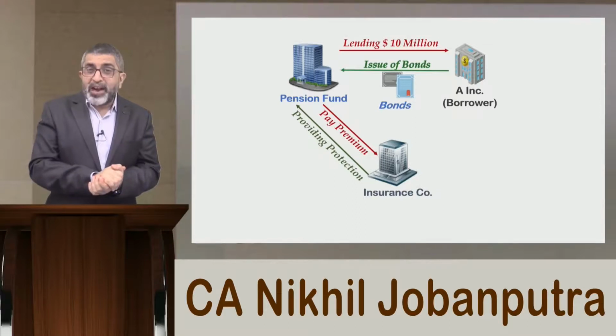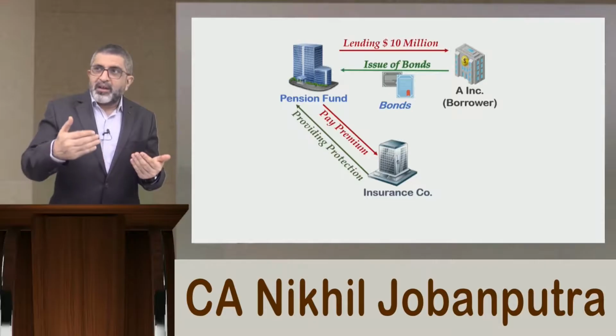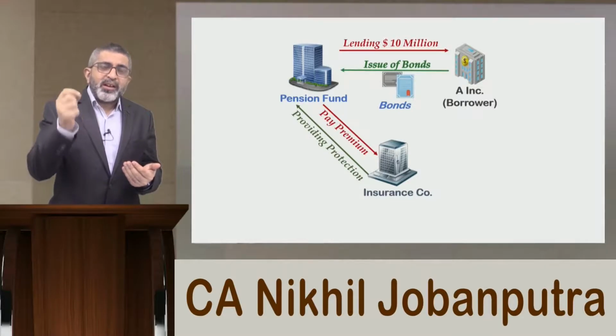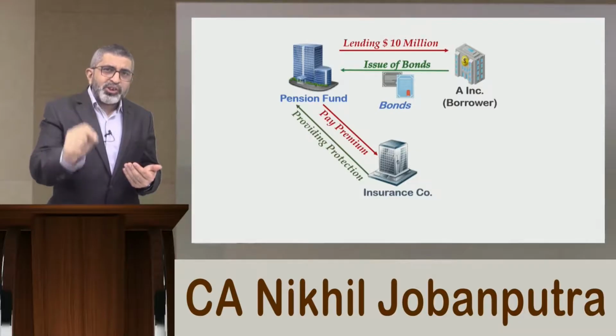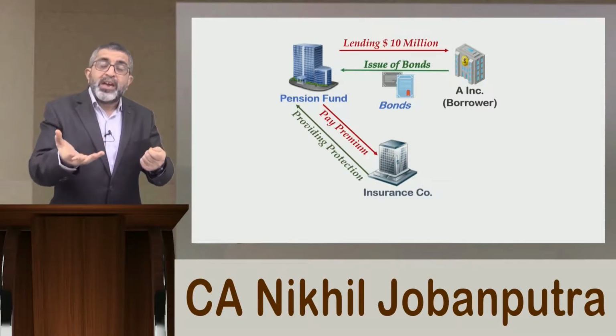Now look at the point. Imagine what would happen after a few years. This A Incorporation has a substantial decline in its creditworthiness. That means the credit risk is found to increase.